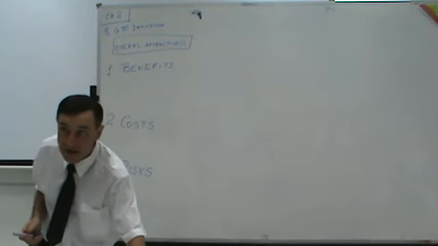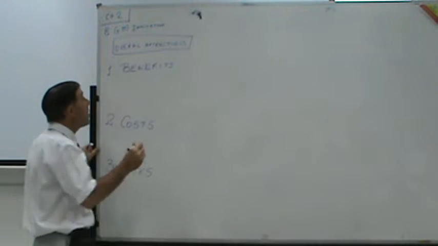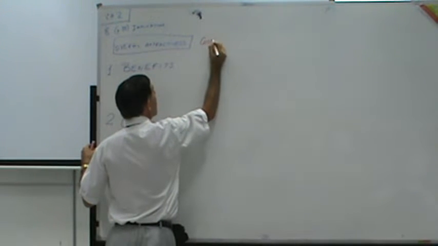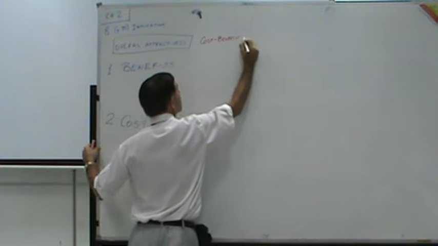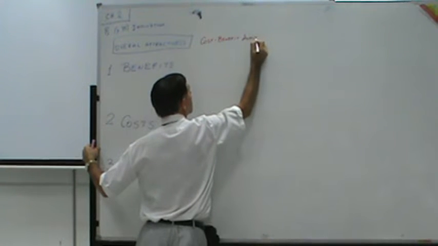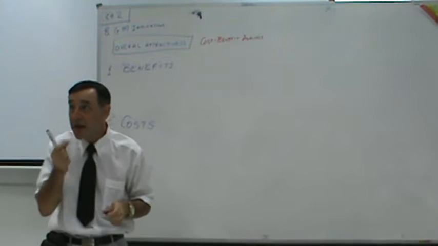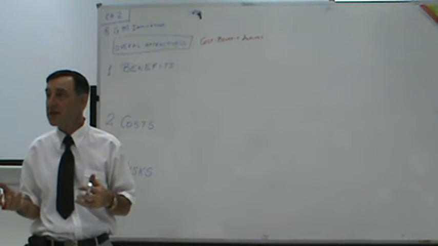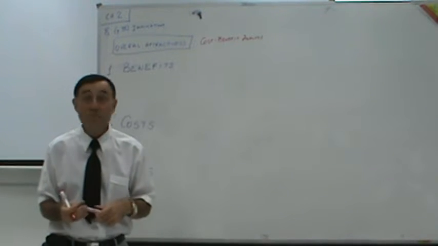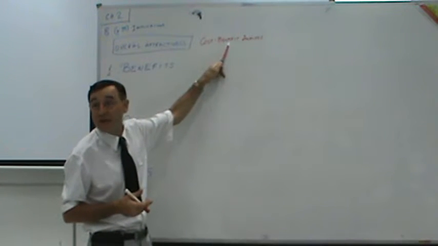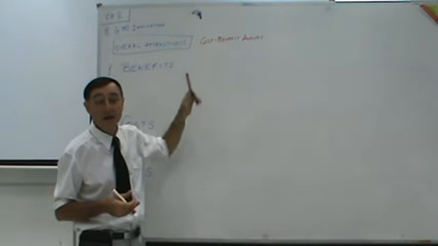This type of analysis in finance and in economics is called cost benefit analysis. A cost benefit analysis is a type of analysis used to make a decision based on whether the benefits exceed the costs, whether you have more benefit than costs.